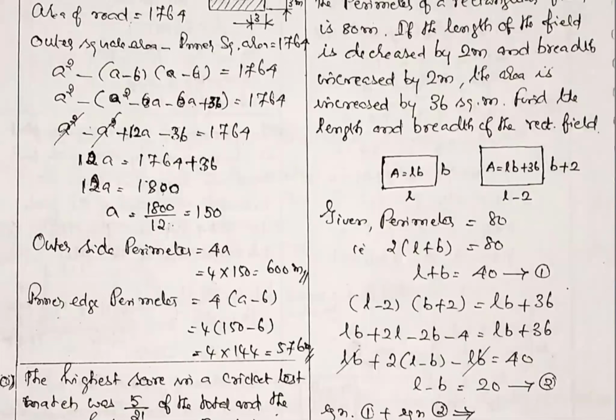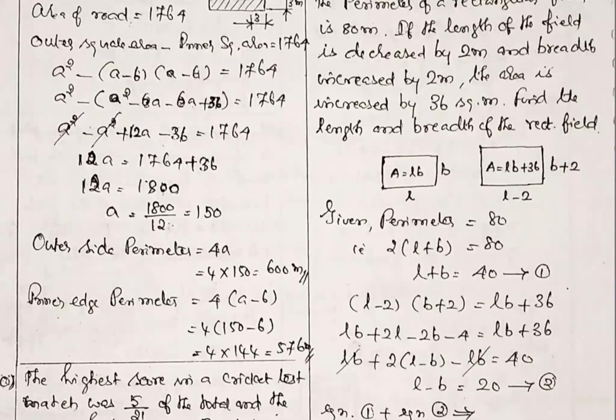Read the second condition. If the length of the field is decreased by 2 meter, that is L minus 2, and breadth increased by 2, that is B plus 2, the area is increased by 36. The second equation is complicated. (L minus 2)(B plus 2) is equal to the area increased by 36, that is, already LB plus 36.